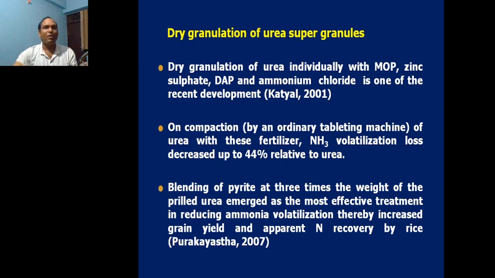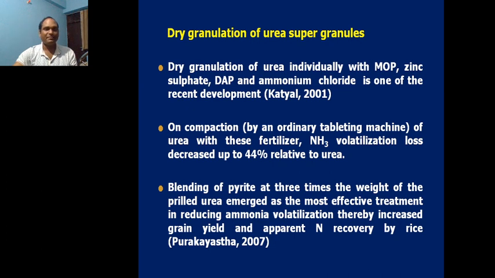Dry granulation of urea supergranules is also one recent technique which can improve the nitrogen use efficiency. Dry granulation of urea individually with MOP, muriate of potash, zinc sulfate, DAP, diammonium phosphate, ammonium chloride is one of the recent developments.